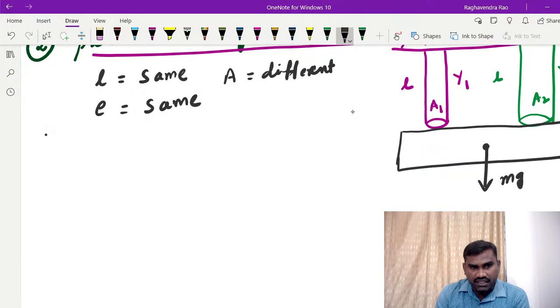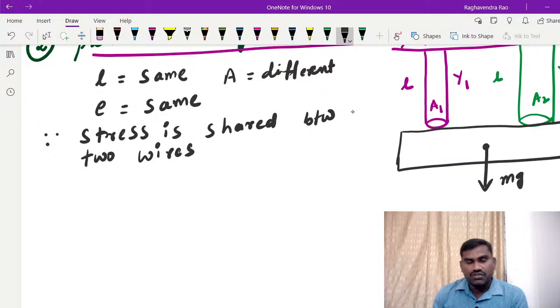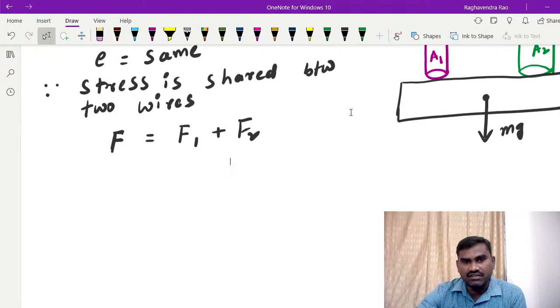Elongation is the same since stress is shared between the two wires. So what is the stress? Force by area. The force we apply will be the summation of the two forces: F is equal to F1 plus F2. That is equation number 1.